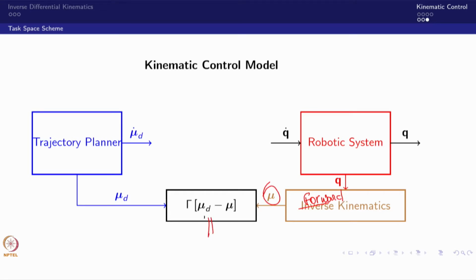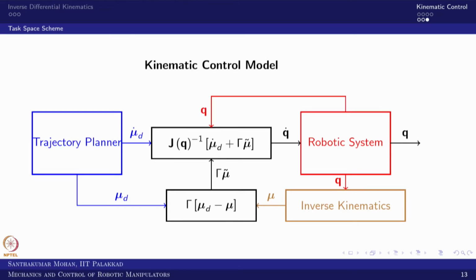So then you can calculate the mu tilde. Once you calculate the mu tilde and mu desired dot is known, what we can do is make Jacobian inverse into mu desired dot plus gamma into mu tilde. That is what we are trying to do.